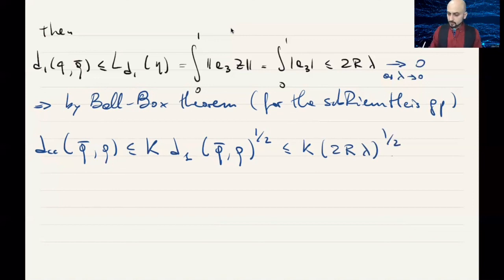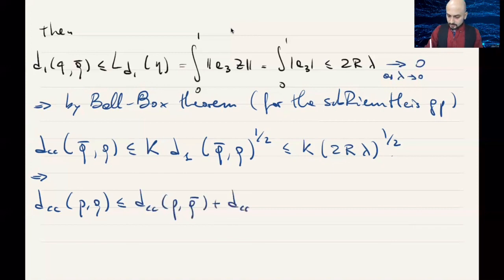Okay, we are ready to conclude, because now we have that the CC distance between P and Q, which is what we want to finally find, by triangle inequality is less than the distance between P and Q bar plus the distance from Q bar to Q. Now, for the first one, we have a horizontal curve between Q and Q bar, which is sigma.